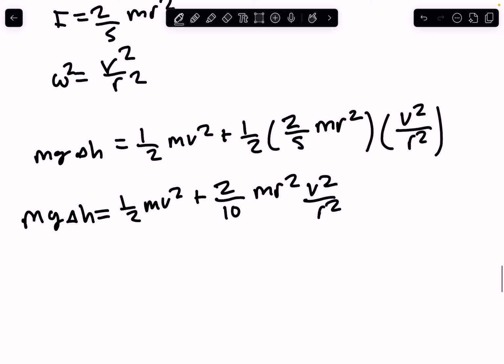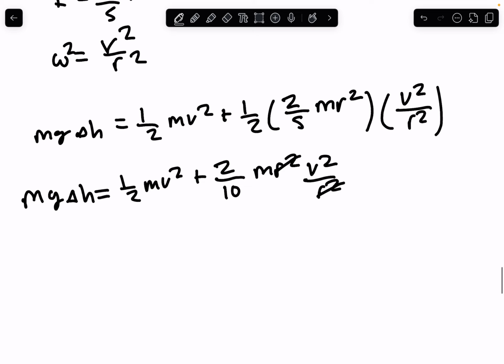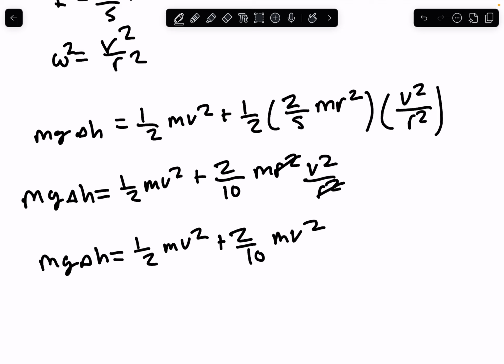So now we have r squared. When you multiply r squared by 1 over r squared, they cancel out. So mg delta h equals half mv squared plus 2 over 10 mv squared.